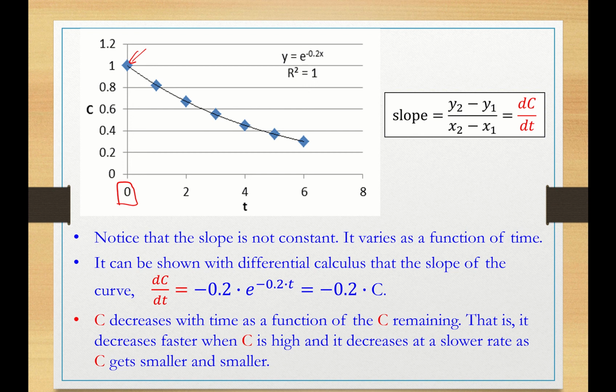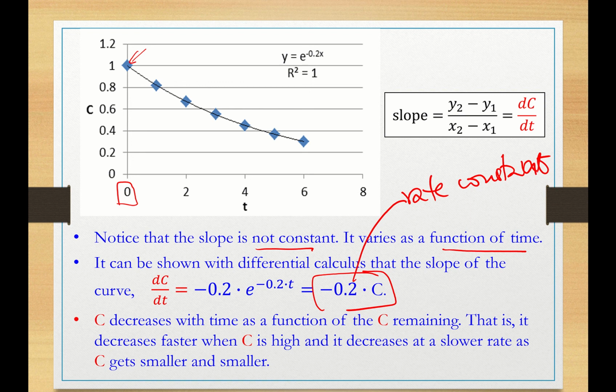Now notice that the slope of this curve is of course variable. It changes with time, right? You can see that with increasing time, the slope becomes less steep, more horizontal. So the slope is not constant, it varies as a function of time, and it can be shown with differential calculus that the slope is actually equal to negative 0.2, which is the rate constant, times C. What it tells us is that as the drug concentration becomes smaller and smaller, the rate of elimination of the drug from the body also decreases.